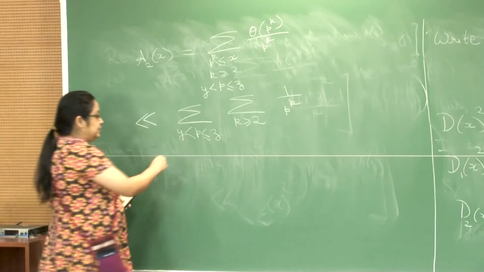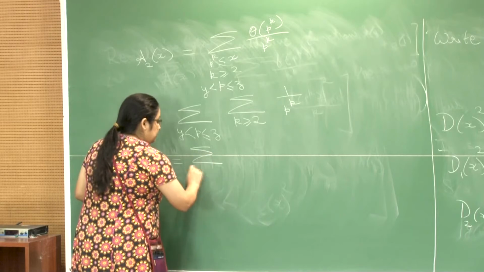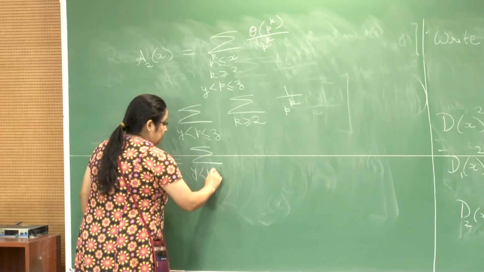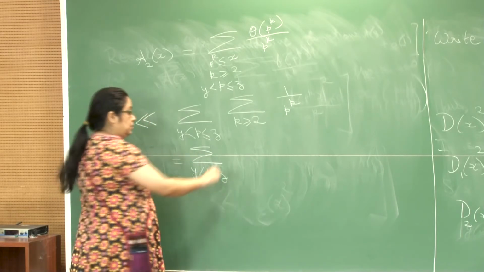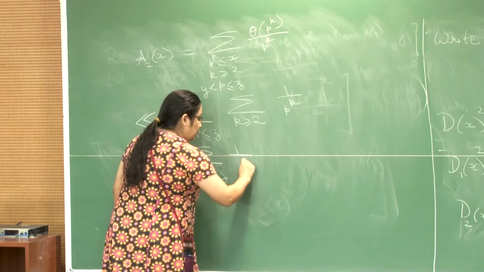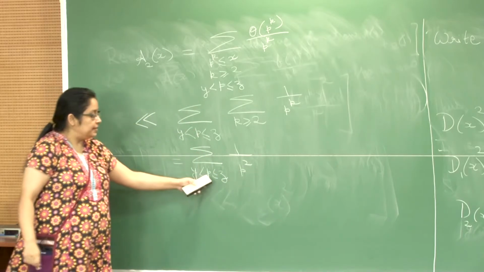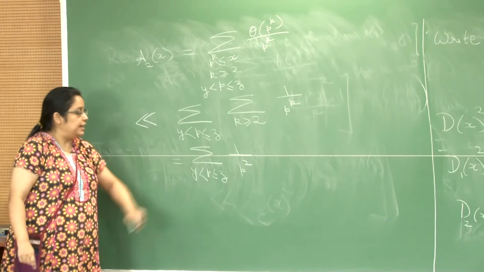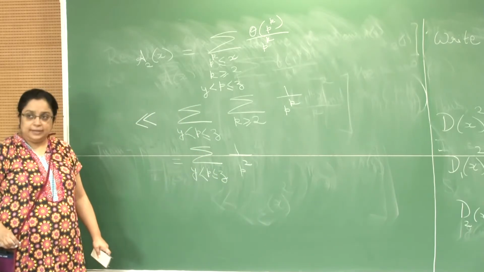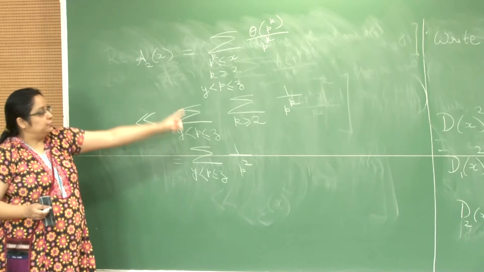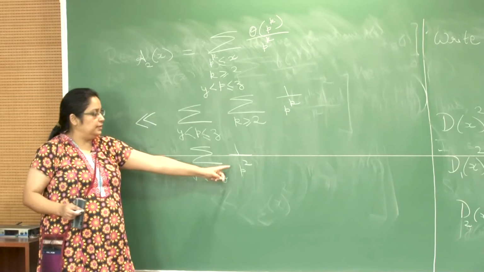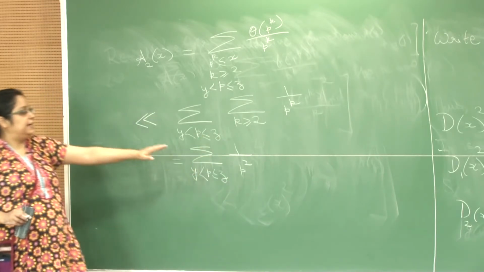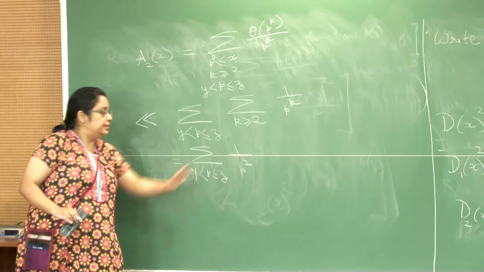So, what you have is the summation of 1 over p square, where p runs between all primes greater than y and up to z, because p times p minus 1 is certainly greater than or equal to some constant times p square.